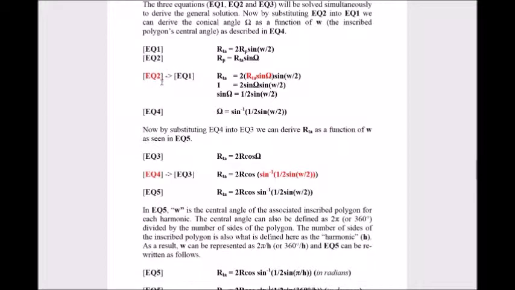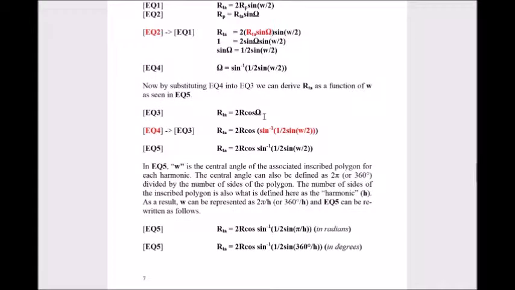First, I'm just going to substitute equation 2 into equation 1 to get this result here, and then reduce it down to get to equation 4, which shows the conical angle omega equal to a function of W. Then we'll take equation 4 and substitute into equation 3, and we can derive the conical radius RTA as a function of W, as seen down here in equation 5.